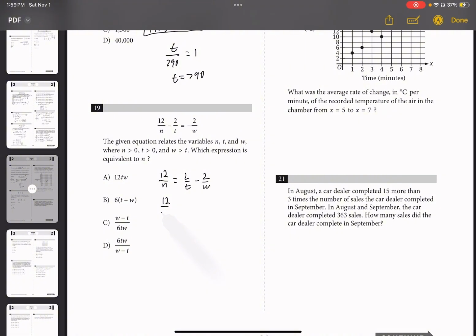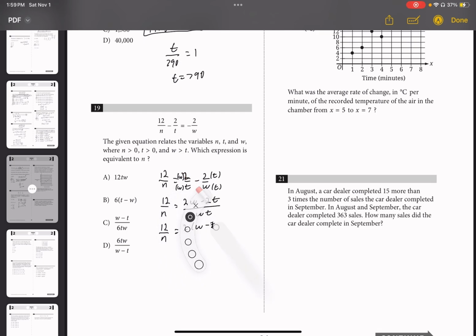Now we make a common denominator by multiplying everything on this side by t and multiplying everything on this side by w. So we get 2w minus 2t over wt. And now what we need to do is factor out a 2.